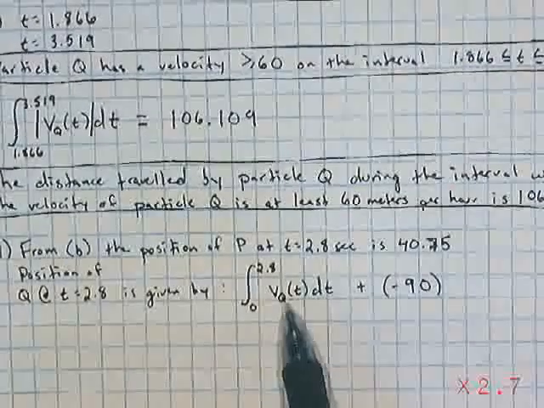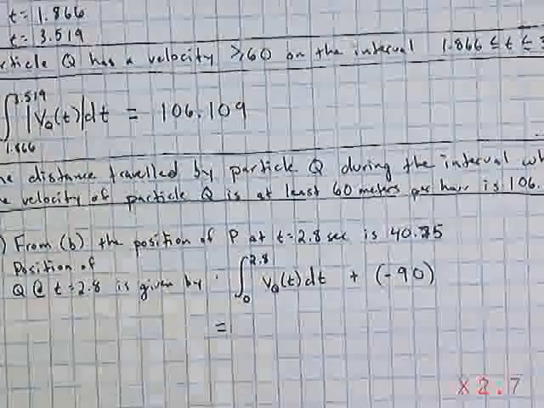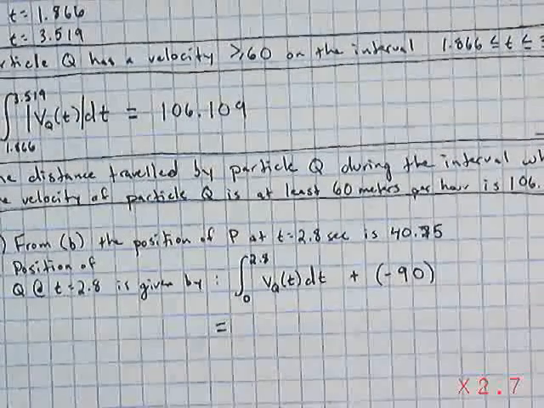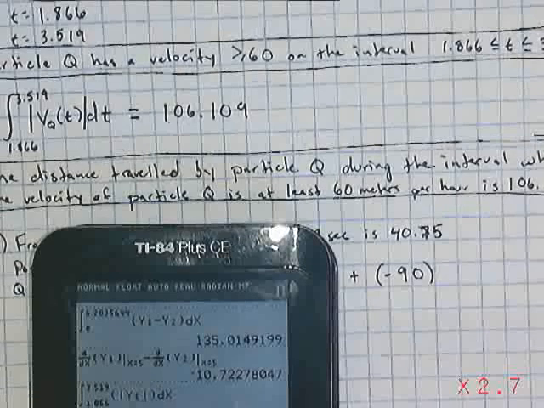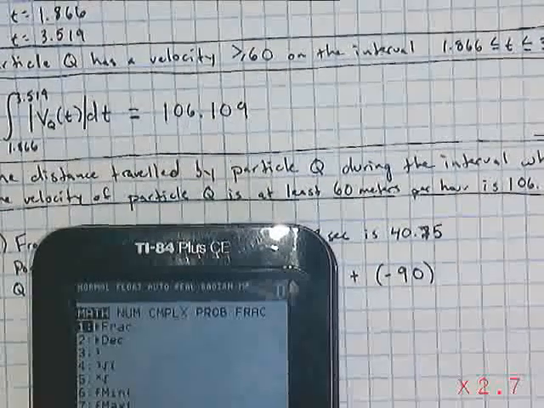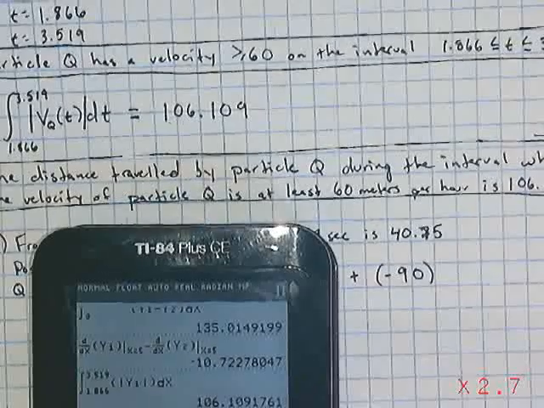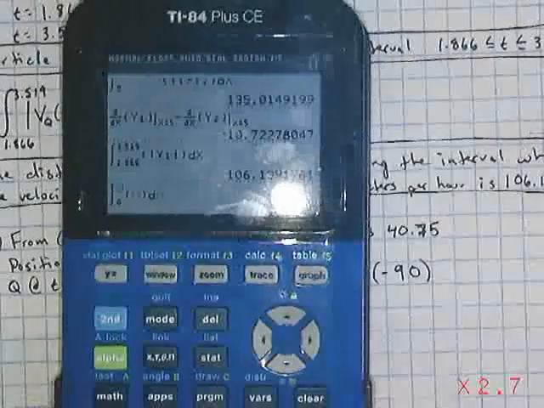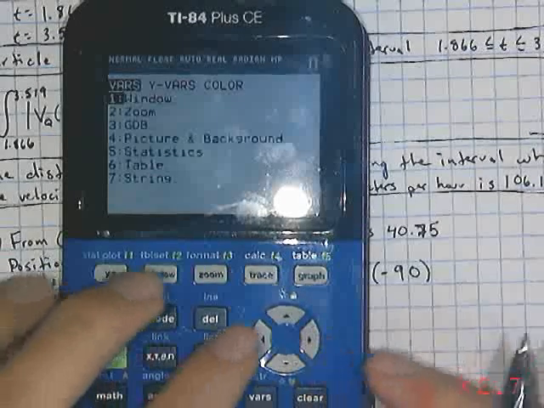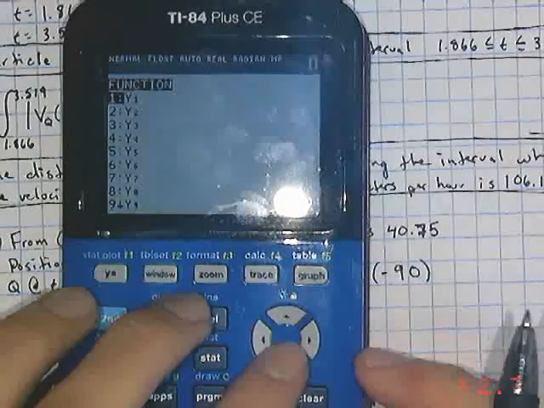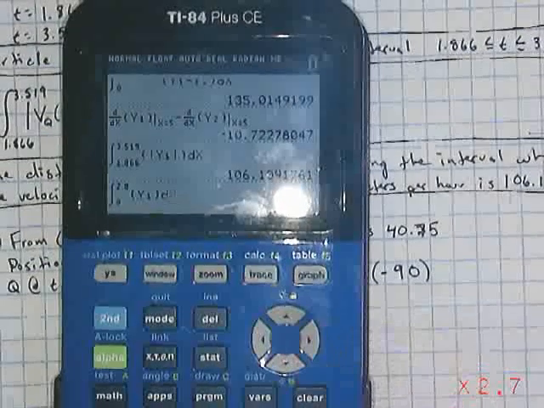We can use the calculator for this. So we go to the calculator, we do a definite integral, math 9 from 0 to 2.8 of y bars 1, this time without the absolute value, because here we are looking for position, not total distance traveled, dx.